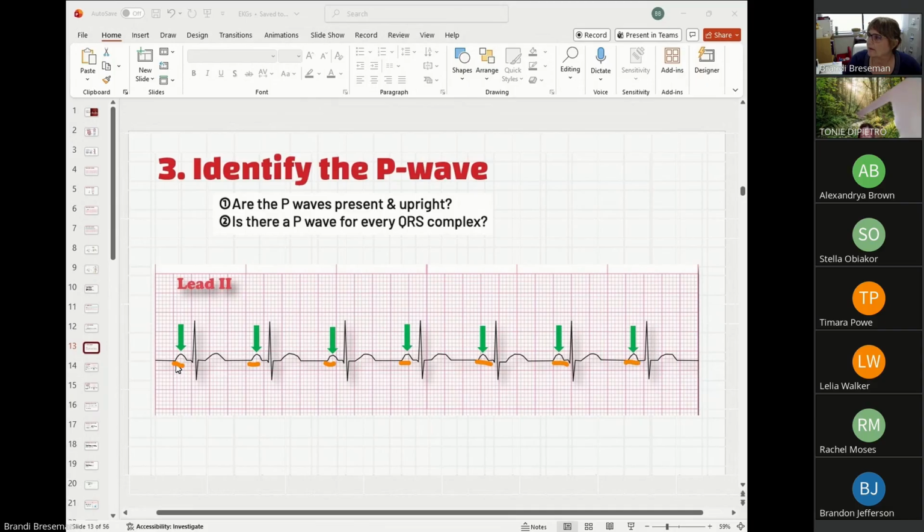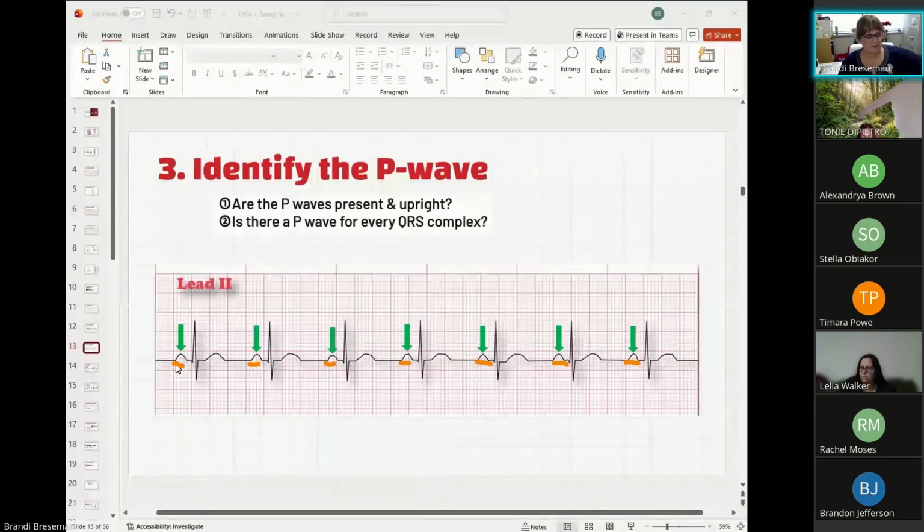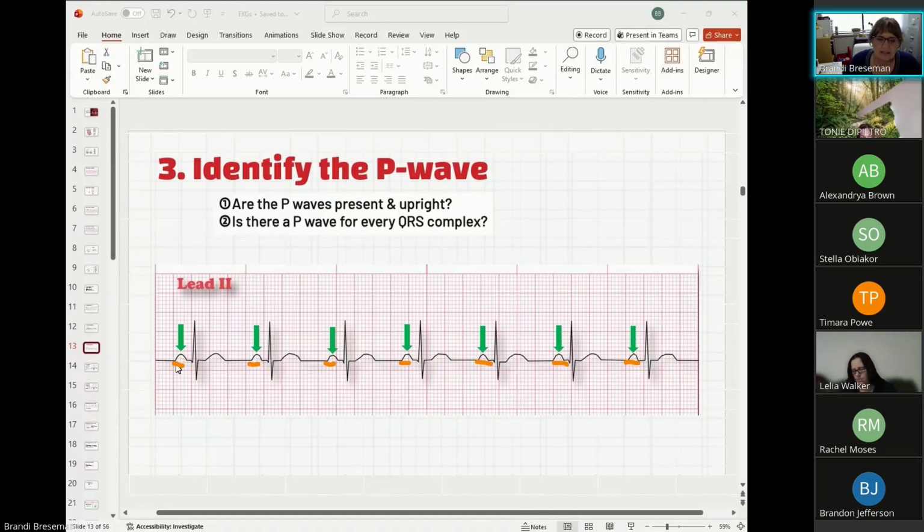So I have a P wave in front of each QRS. It asks me, are the P waves present and upright? Meaning not a P wave that would go in the opposite direction.